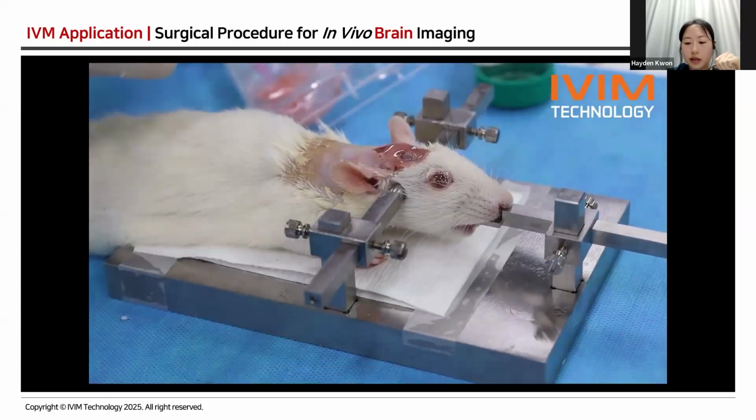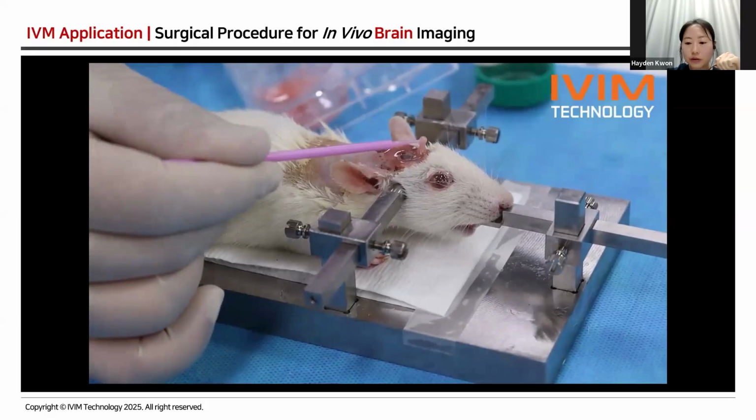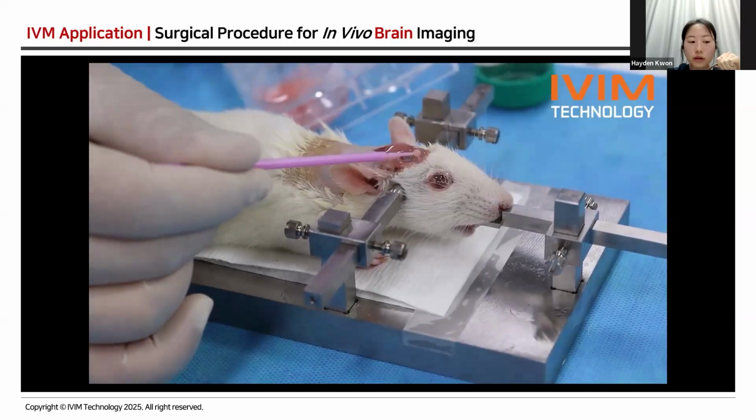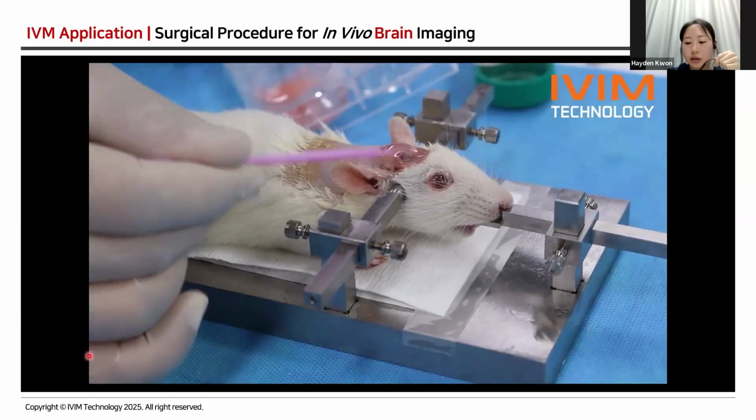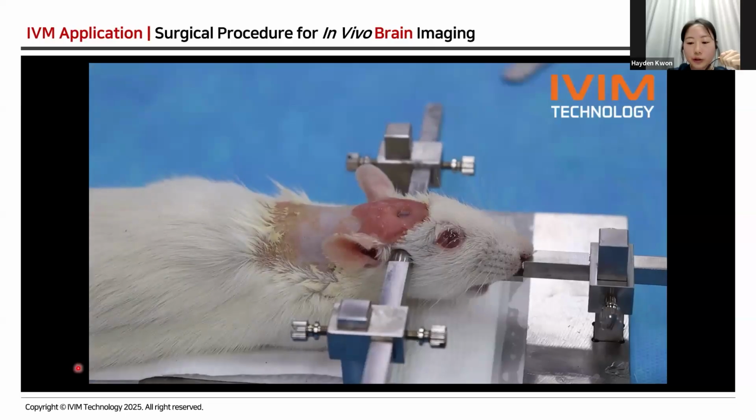Once prepared, this window remains stable from several days to over a year. This durability makes it suitable not only for simple brain imaging, but also for long-term studies of neurodegenerative disease such as dementia or Parkinson's disease.